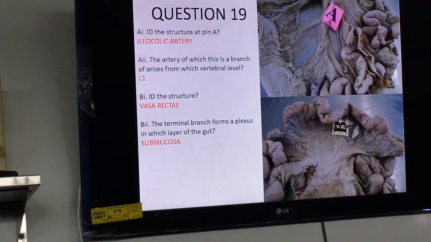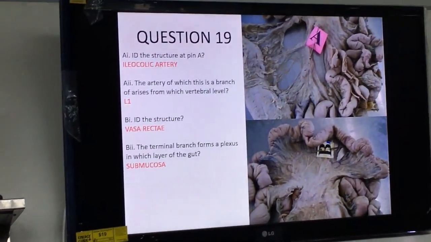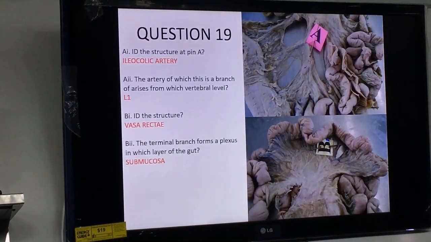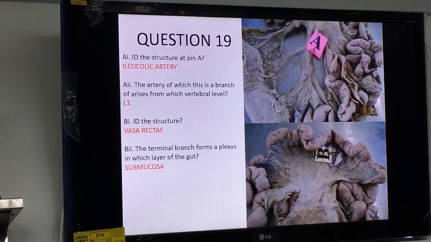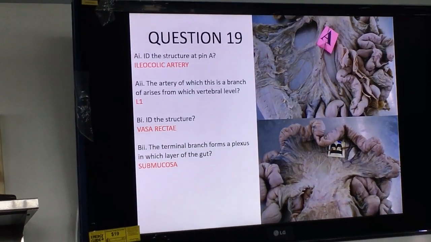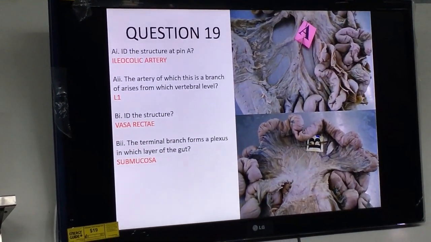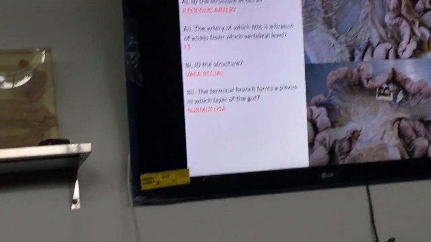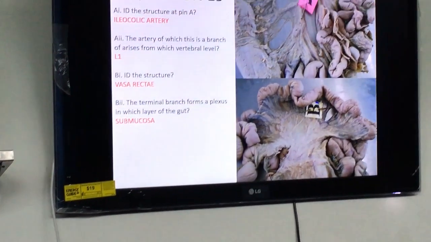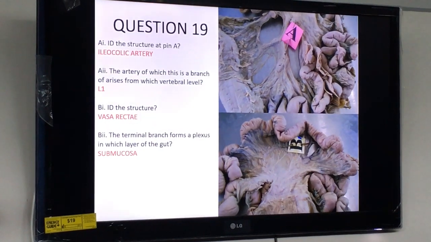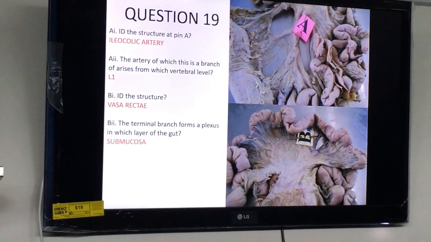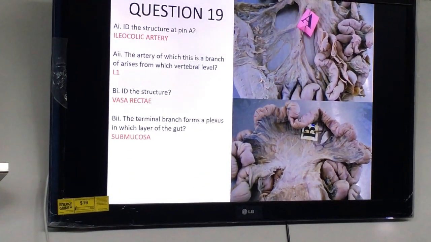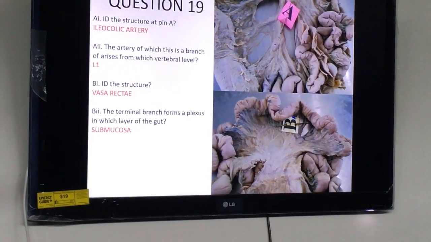So now guys, we already discussed that the celiac trunk comes off the abdominal aorta in relation to T12. Then below that at the level of L1, that's where the superior mesenteric comes off. Then at L2, we know two sets of vessels come off the abdominal aorta: the renal arteries and the gonadal arteries, ovarian and testicular.